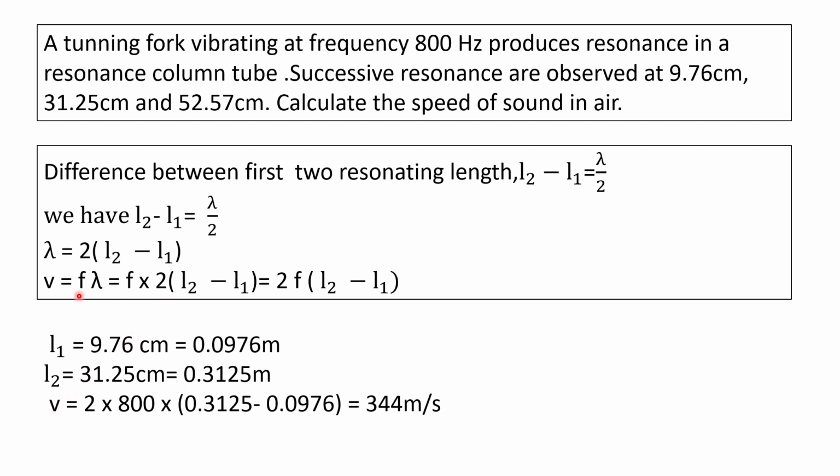On substituting these values in the equation for V, we get 2 into the frequency of the tuning fork, which is 800, into L2, which is 0.3125, and L1 is 0.0976. On calculating, we get the velocity of the sound in the medium or in air as 344 meter per second.